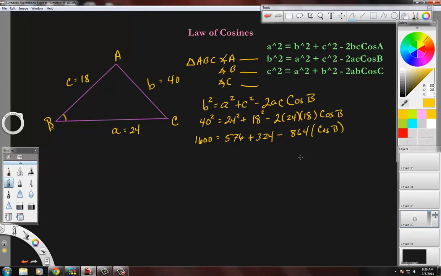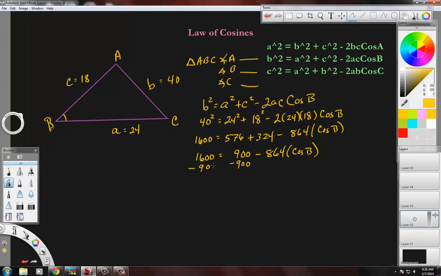Now, working this out on the next step, if I add these two together, I get 1600 equals 900, and I'll recopy this, plus negative 864 cosine B. It looks like you're doing rocket science, but it's actually not that bad. My next move is going to be to subtract 900. See that?